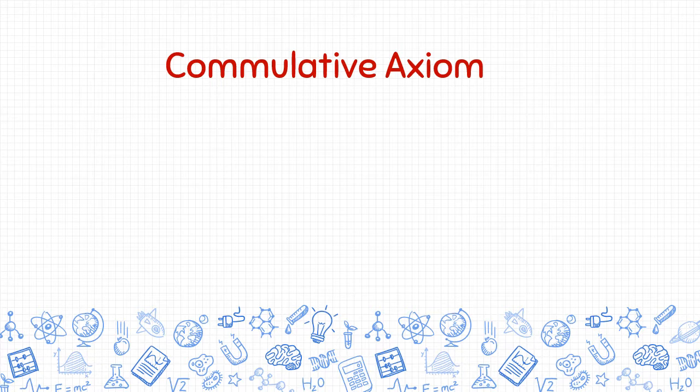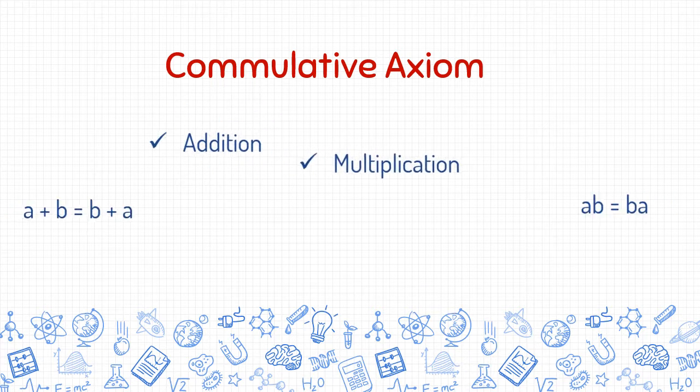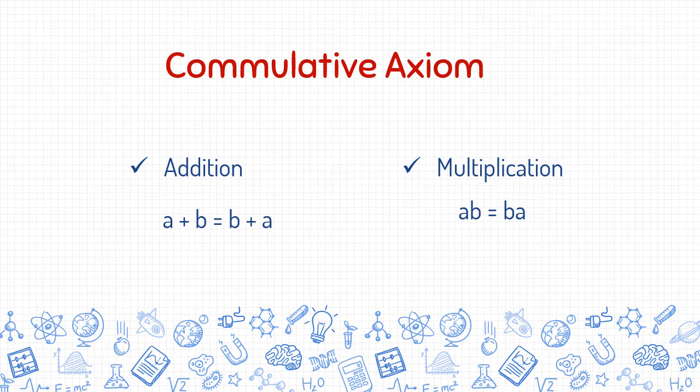So the first axiom is commutative axiom. We usually encounter commutative axiom in addition and multiplication. Okay. Example, A plus B. In addition, we have A plus B is equal to B plus A. As you can see, A and B just exchange their position, but the answer is still the same.